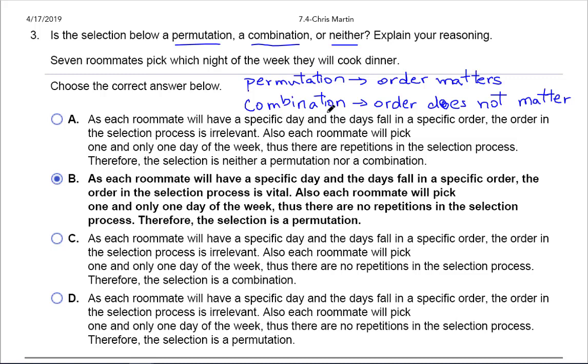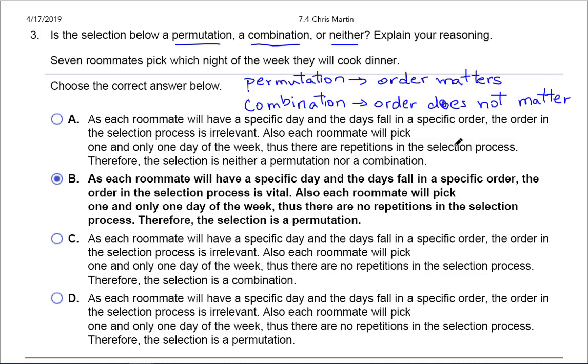So that's not what a combination is in this sense, and in this sense order does not matter. If the order you do something makes a difference, then order does matter.